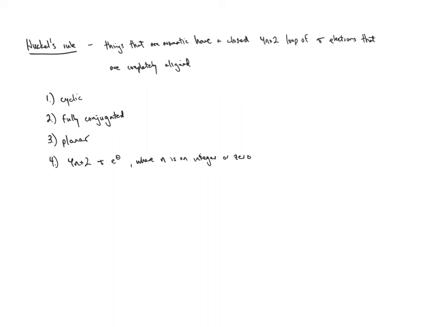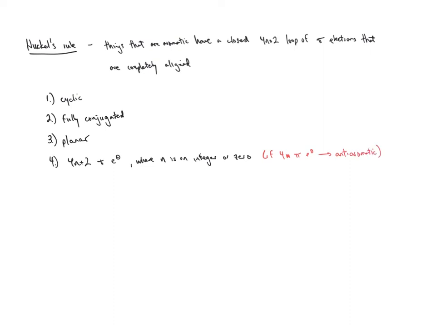So systems that abide by rules 1 through 3 but have 4n pi electrons are said to be anti-aromatic. If 4n pi electrons, anti-aromatic.